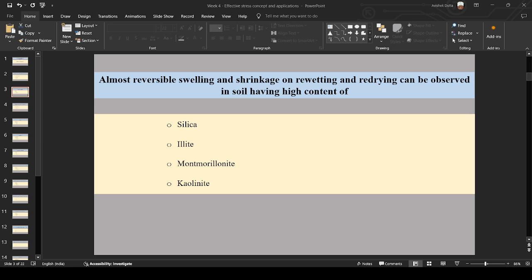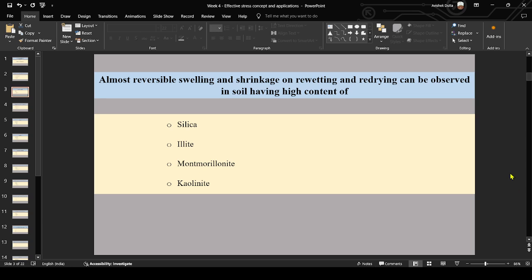I'll repeat the question once. Almost reversible swelling and shrinkage on re-wetting and re-drying can be observed in soil having high content of. The options are silica, illite, montmorillonite, or kaolinite.